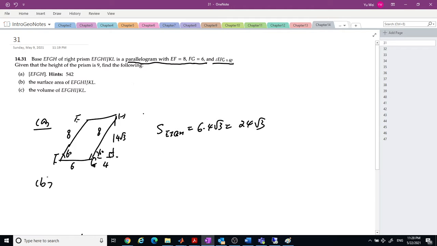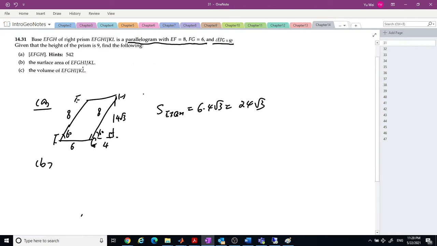Now part B is what is the surface area of the prism EFGH-IJKL. The surface area is 2 times the area of EFGH, that's top and bottom, right? And the height here is 9, so the lateral part is the perimeter times 9.